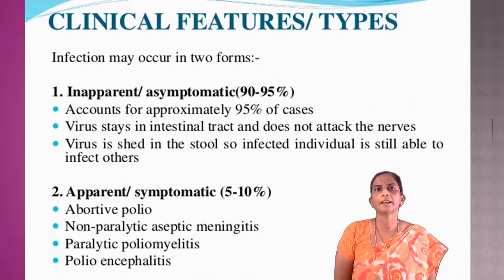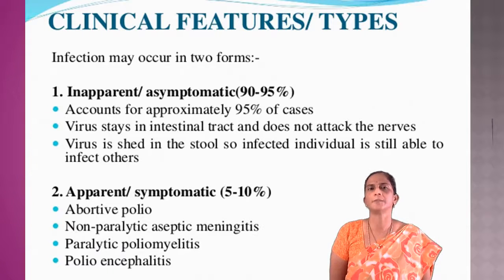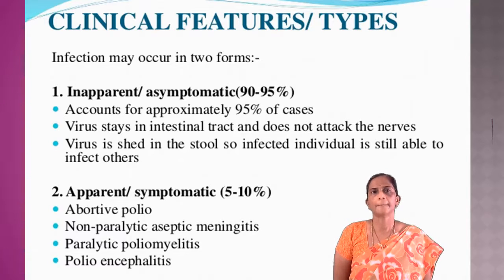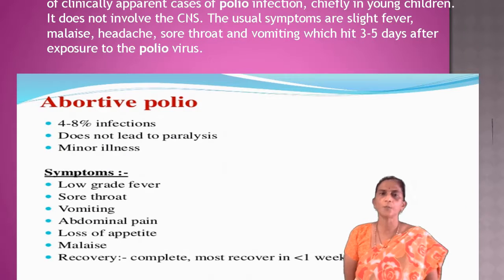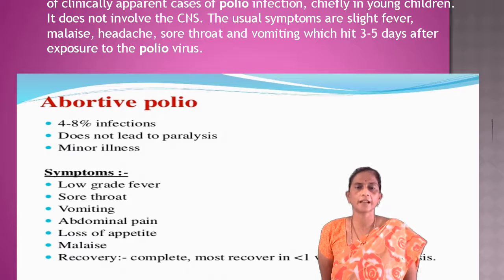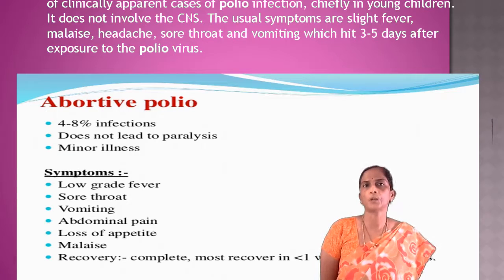Next, coming to the apparent. Apparent means it shows proper symptoms. It is of different types: abortive, non-paralytic, paralytic, and polioencephalitis. Abortive polio is nothing but a minor illness. This question will come in exams: what is abortive polio?